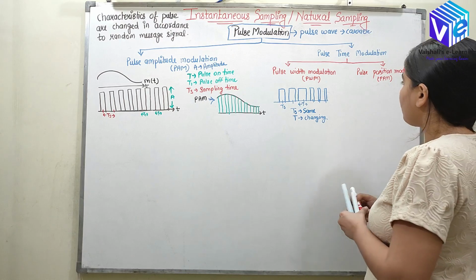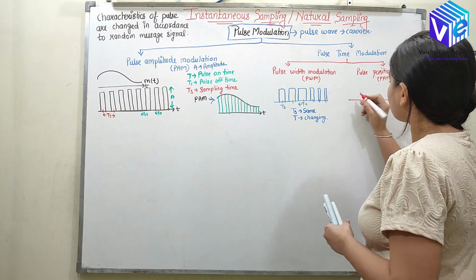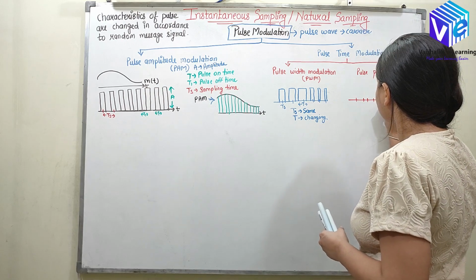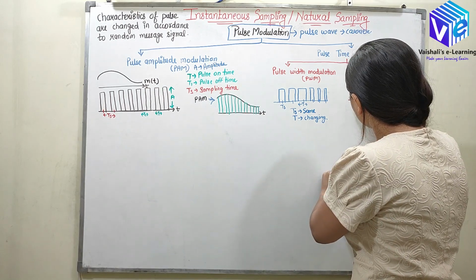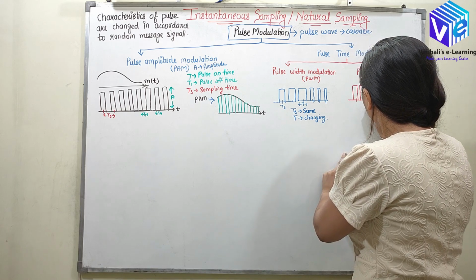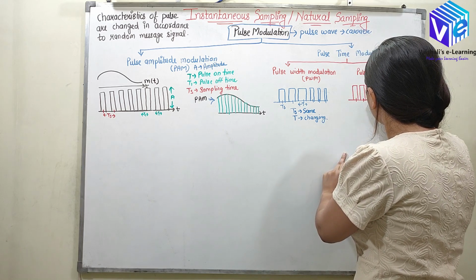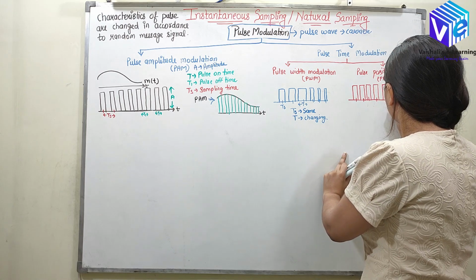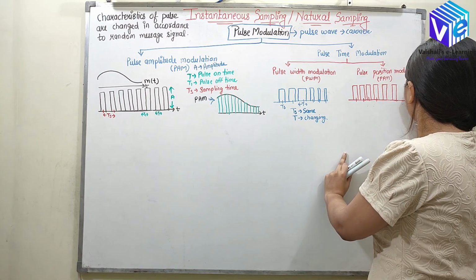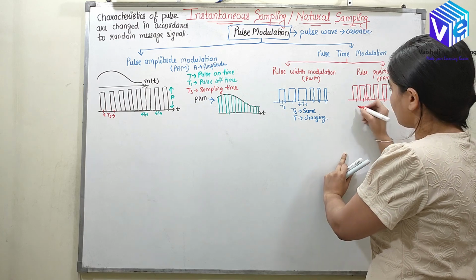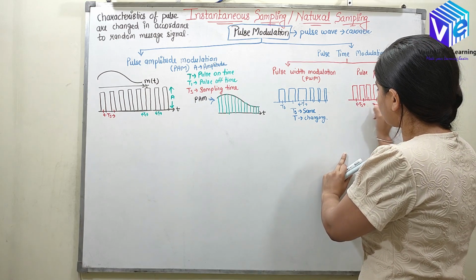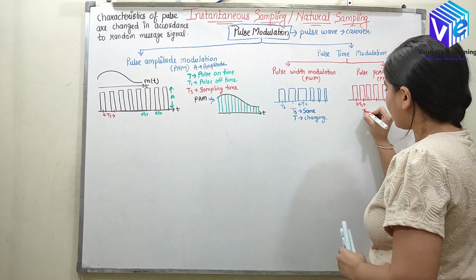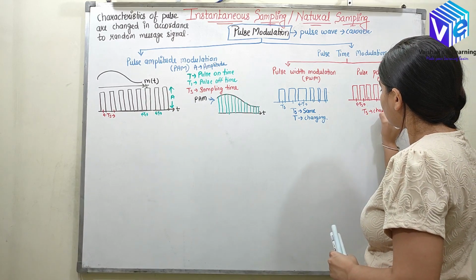Now coming to the pulse position modulation. Here we'll be having different TS. You can see here TS is less and here TS is more. So I can say TS is changing.